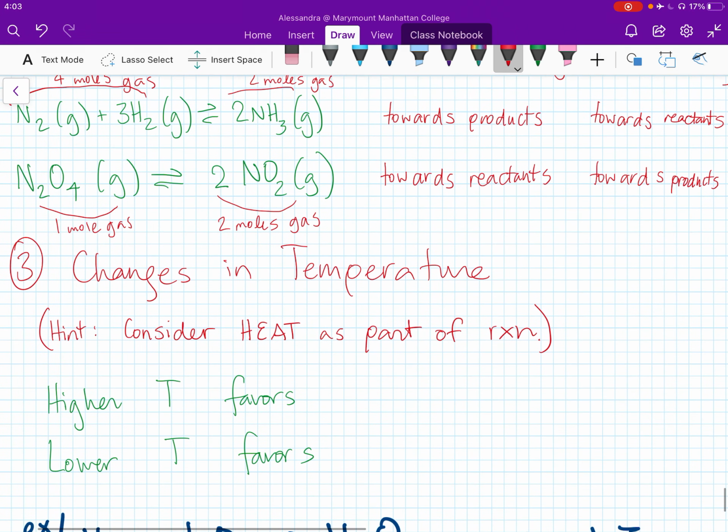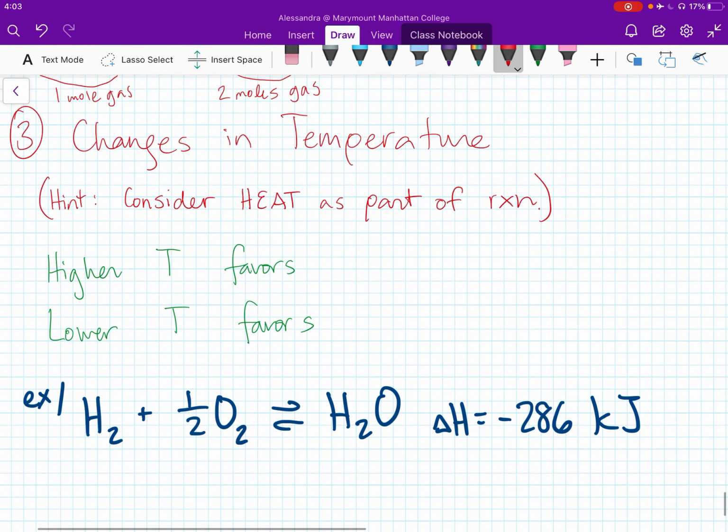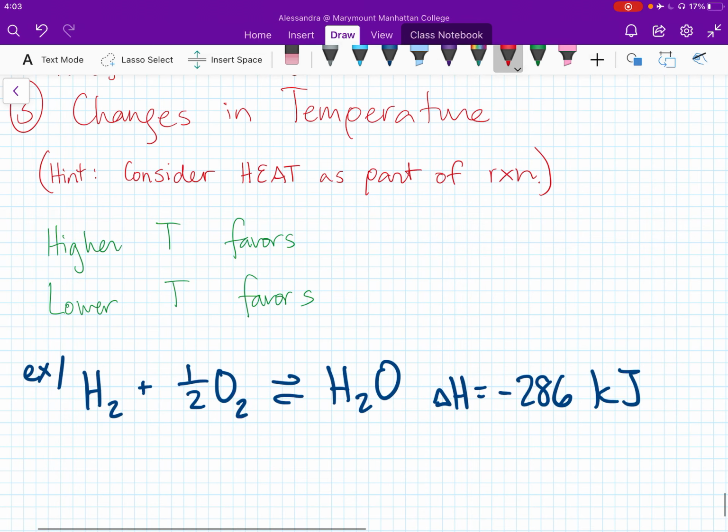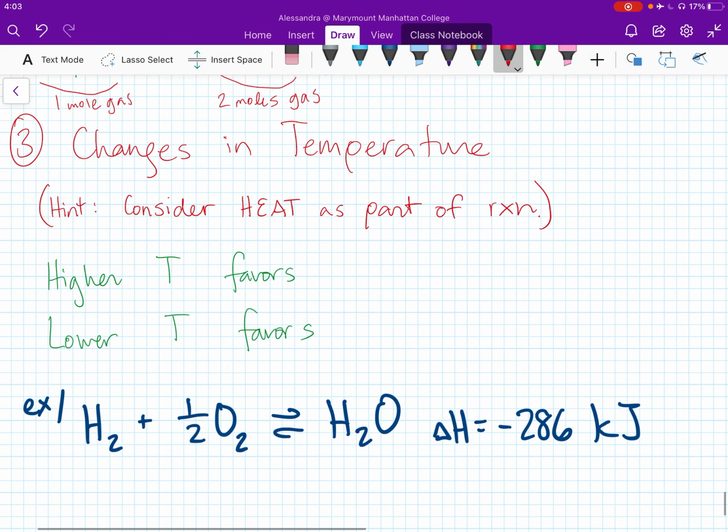The final example of predicting what's going to happen using Le Chatelier's principle to equilibrium is looking at changes in temperature. And here you have to know something about the thermochemistry of your reactions, because the big hint here is that you kind of consider heat as part of the reaction. So higher temperature favors endothermic reactions, reactions that require heat input.